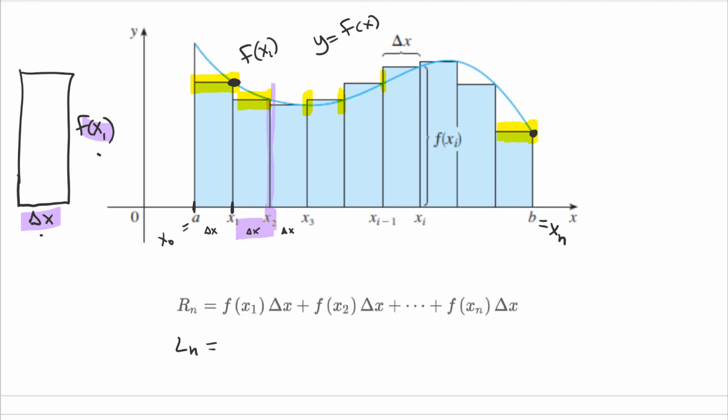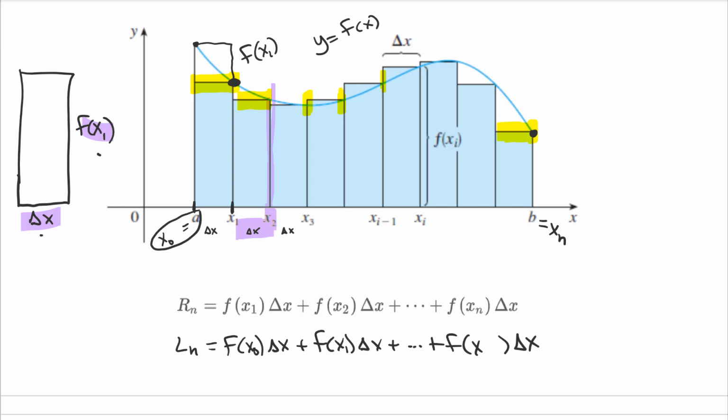Well, now we're going to take the far left one, right? They're all going to start up here now. We're actually going to take f of x sub 0, change in x, plus f of x sub 1, change in x, plus dot dot dot, plus f of x sub what times our change in x?